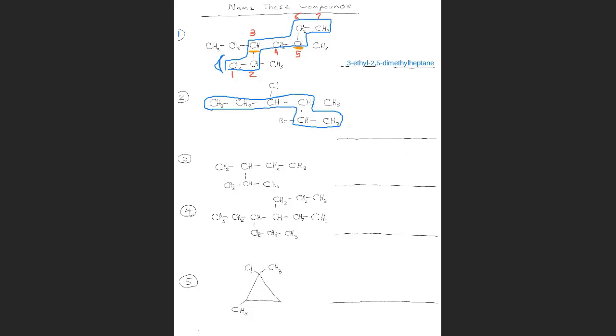Which side would you start numbering it from? Let's see. In terms of alphabetical order, it's going to be B, C, and then there's M. So in this case, I would start numbering from this side. I've got my 3 different branches.